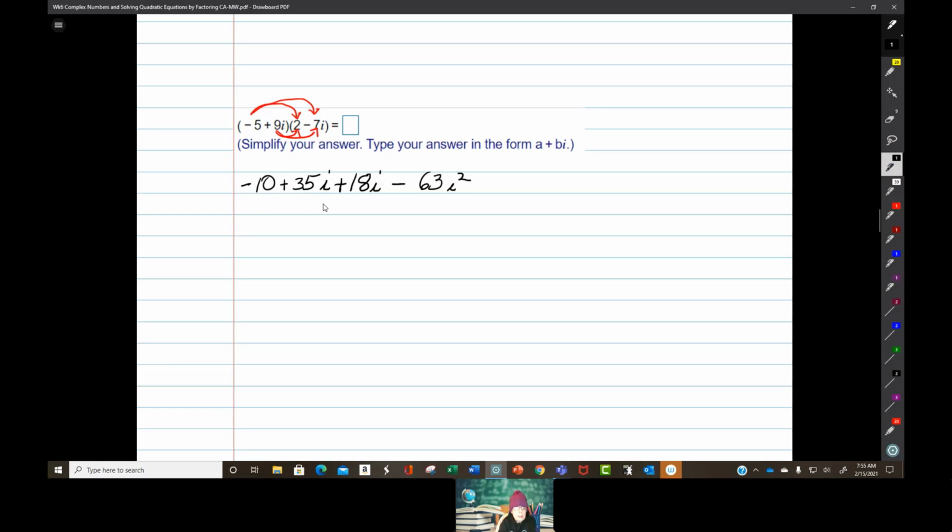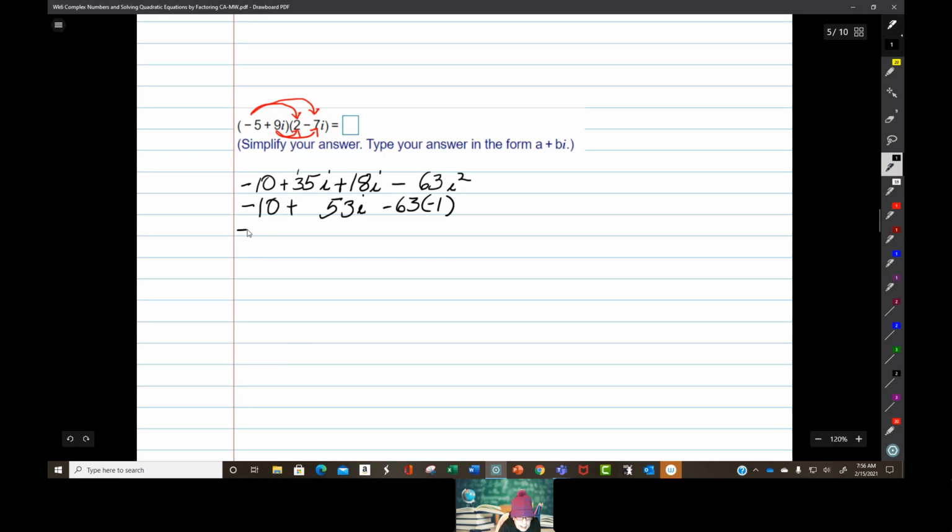Okay, so we are going to have negative 10 plus 35 plus 18, 5 plus 8 is 13. Carry the 1. 1 plus 3 is 4, plus 1 is 5. Now minus 63 times negative 1.